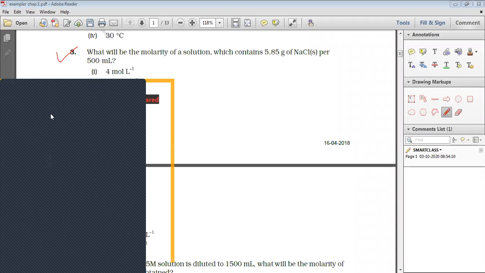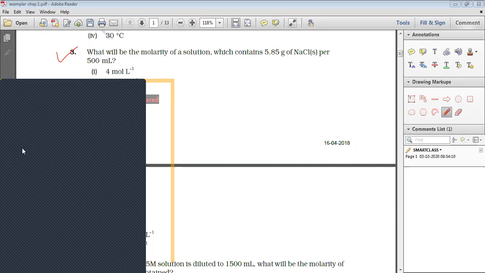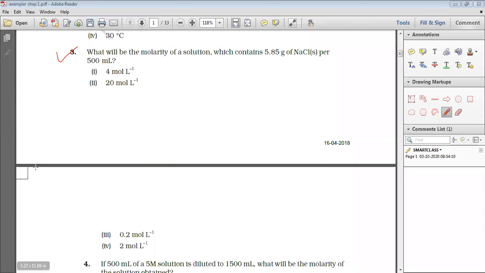To solve this question, we can do one interesting thing. What is the molarity? So what is the formula for molarity? Can you tell me, any one of you?